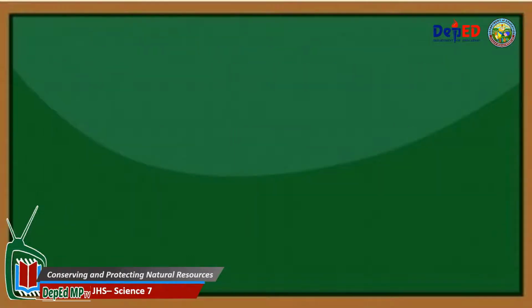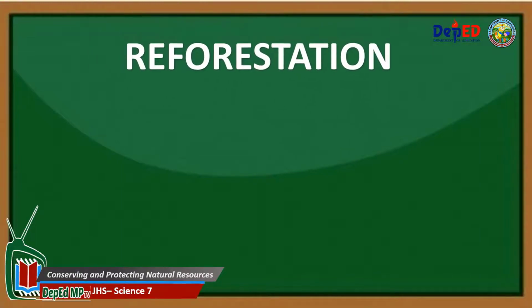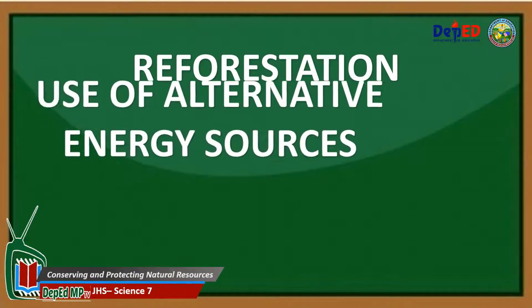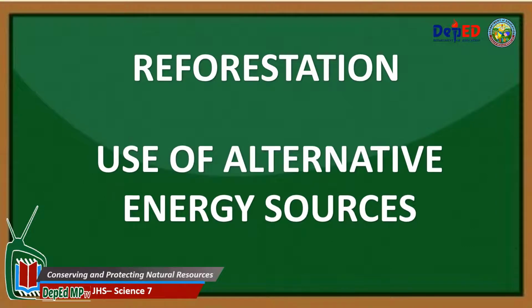There are many ways that we can do to maintain sustainability of our resources. Reforestation is the practice of planting new trees in denuded forest. Use of alternative energy resources that are a lot cleaner and renewable. These are also easily harnessed from the environment, such as the sun's heat, wind power, flowing water, and heat from the earth.